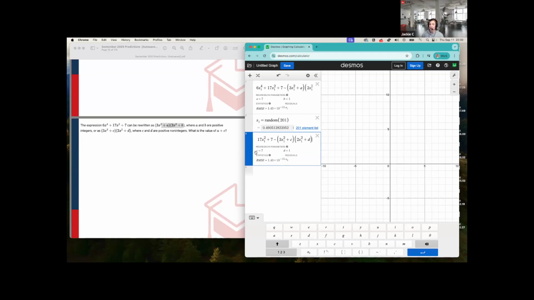However, I now want to tell Desmos that c and d are going to be positive non-integers. So what you do is you open the squiggly brackets, and I would say mod. We use mod to tell if a number has a remainder or not. So in this case, I would say c mod 1.